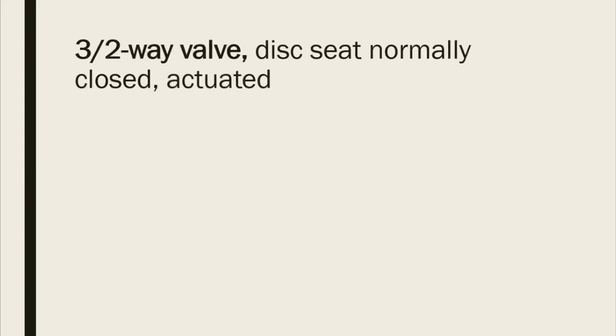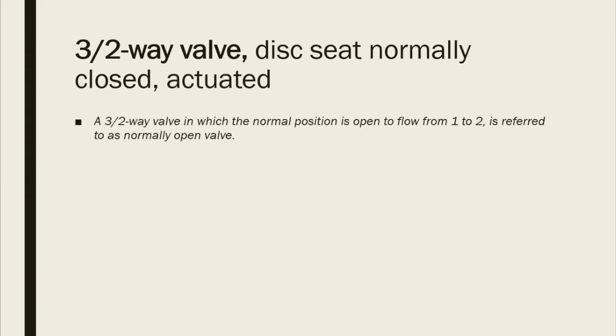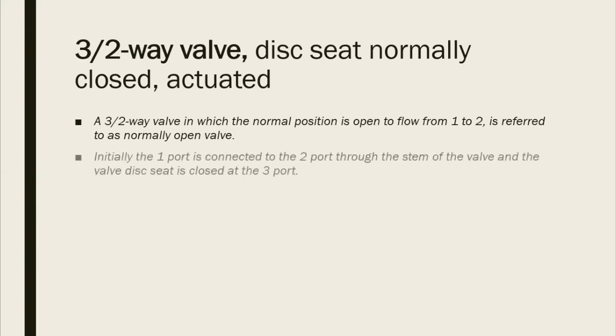Two-way valve. Disc seat normally closed, actuated. A two-way valve in which the normal position is open to flow from 1 to 2 is referred to as a normally open valve. Initially, the 1-port is connected to the 2-port through the stem of the valve and the valve disc seat is closed at the 3-port.